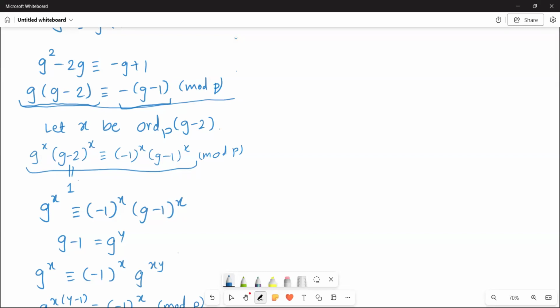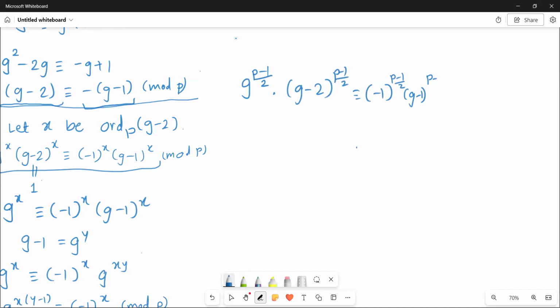Okay, what about this quantity? g to the power (p minus 1)/2 times g minus 2 to the power (p minus 1)/2 is congruent to... right? And since g is a primitive root, we know this is minus 1. This quantity we still don't know.